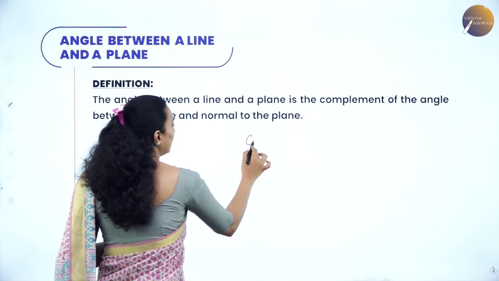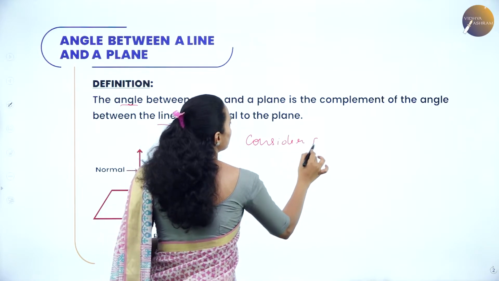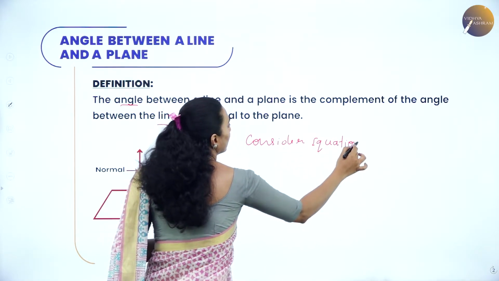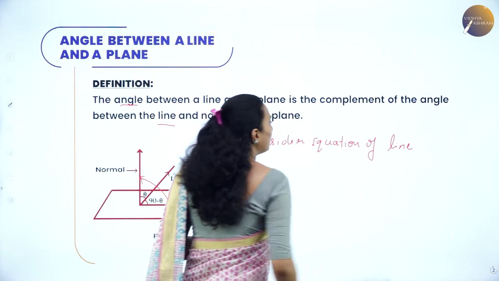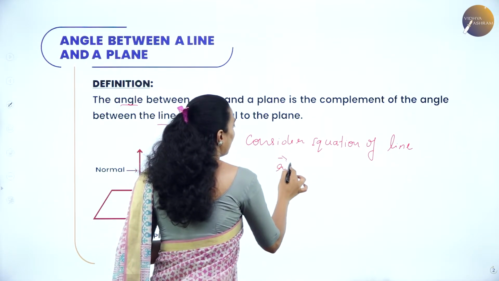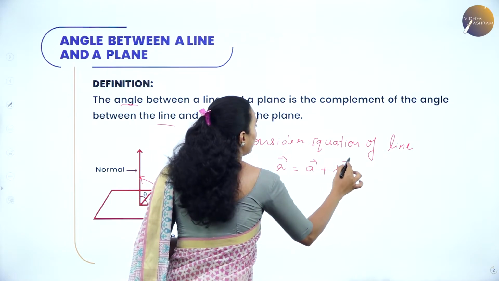Consider the equation of a line, let it be r vector is equal to a vector plus lambda into b vector.